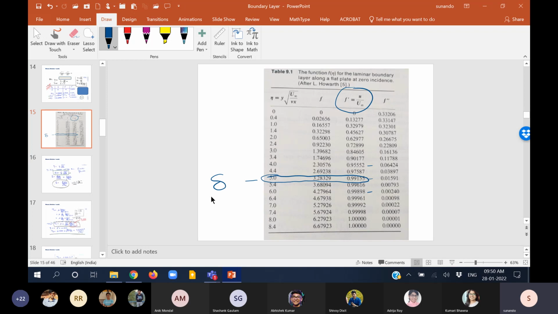From an engineering standpoint, is there any other parameter which you would like to know? What else is important?